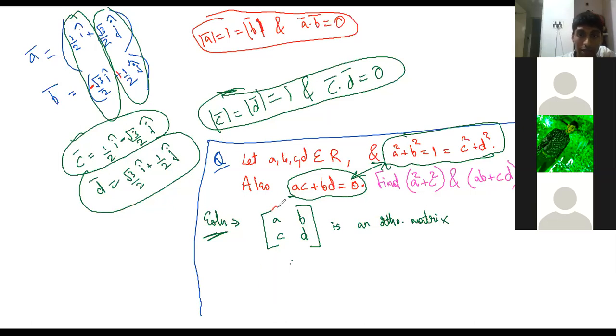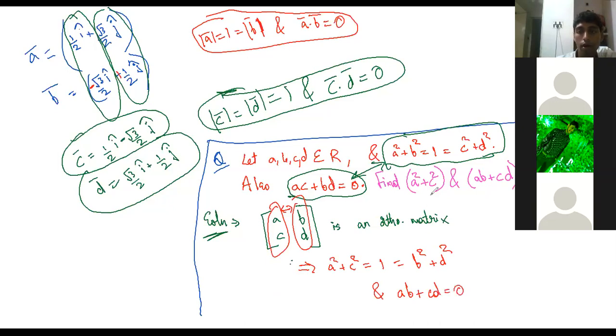That means I can consider this also as a unit vector, this also as a unit vector, and do the dot product in this fashion. This implies A square plus C square also necessarily has to be 1, and B square plus D square also has to be 1. And when you do the dot product, AB plus CD should be equal to 0. So this will be 1 and this will be 0.